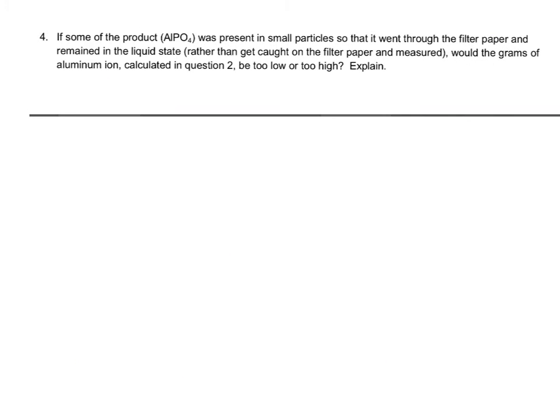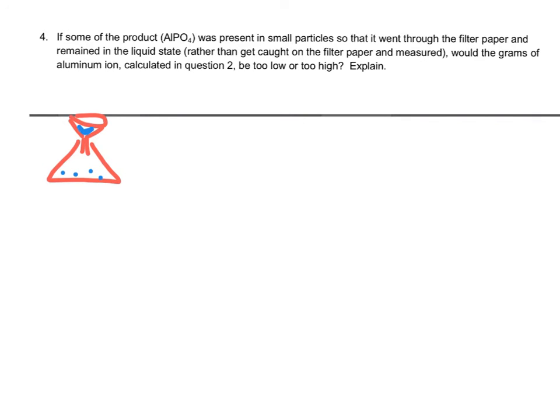Okay, so in this one, we're saying that here's my Erlenmeyer, which really I made a little smaller than I wanted to. Here's my funnel, and here's my filter paper and the aluminum phosphate that's trapped on it. But not all the aluminum phosphate ends up trapped up here. Instead, I get a little bit of aluminum phosphate down there.